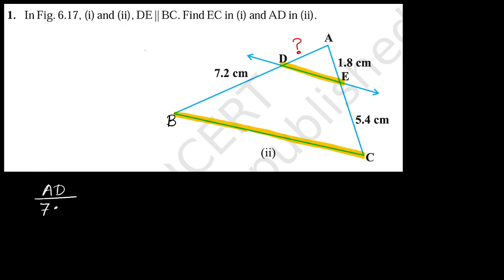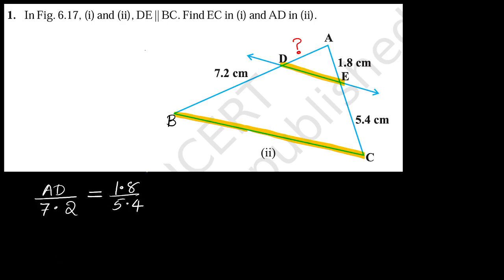DB is 7.2. Right side ratio will be 1.8 by 5.4. Clear? Do the cross multiplication first, or you may do one simplification first. I think it is better.